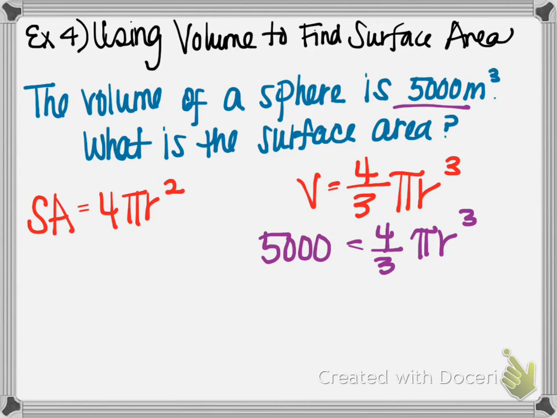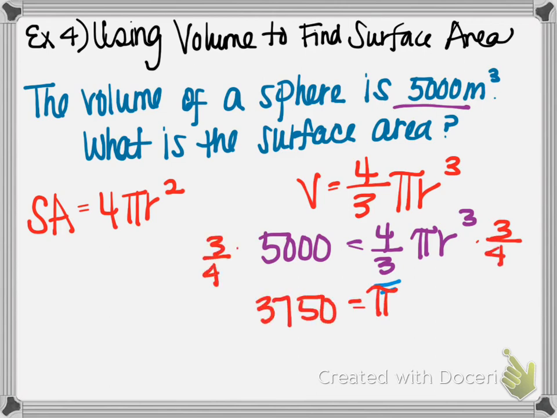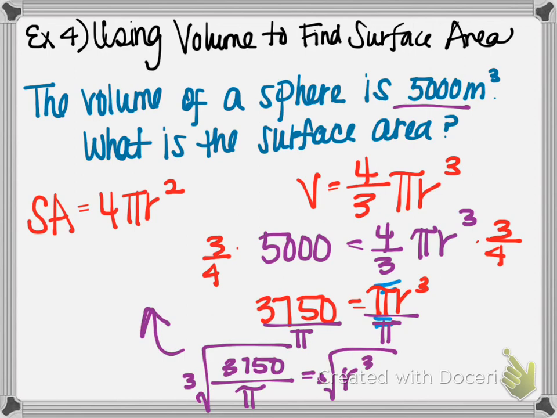So all I need to do is solve for r. So how do I get rid of this 4/3 that's out in the front? I would multiply by its reciprocal, which is 3/4. And when I do 3/4 times 5,000, I get 3,750. Now how do I get rid of this pi? I would divide both sides by pi. So right now I have that r cubed is 3,750 over pi.